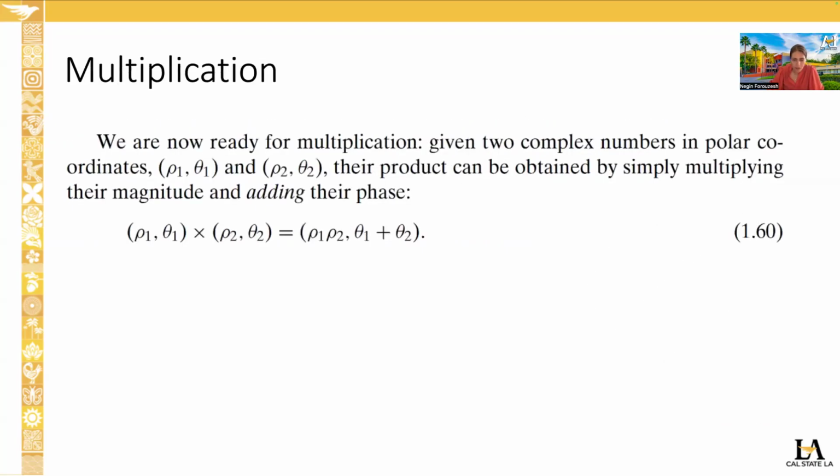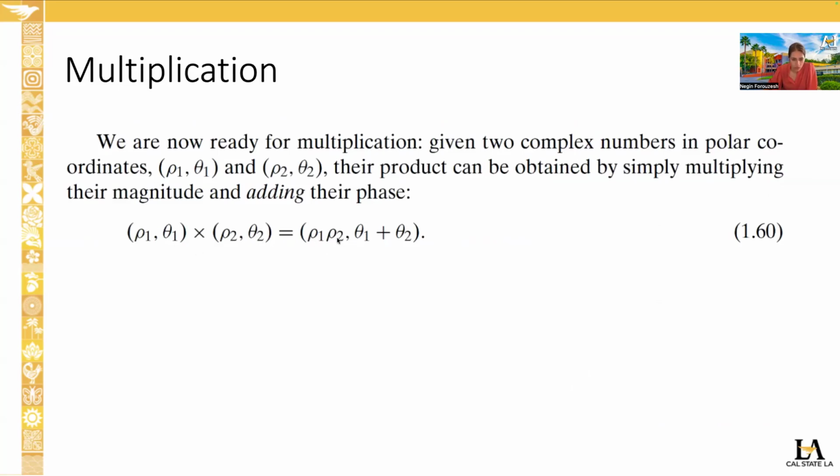And with all of these, now we are able to define the multiplication of 2 complex numbers using their geometry. So if I have 2 complex numbers, rho 1 and theta 1, and rho 2 and theta 2, this is their polar representation.